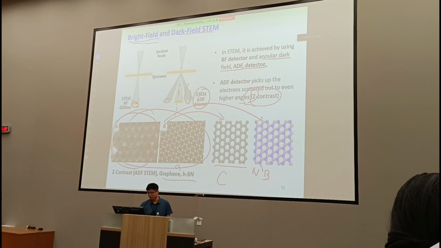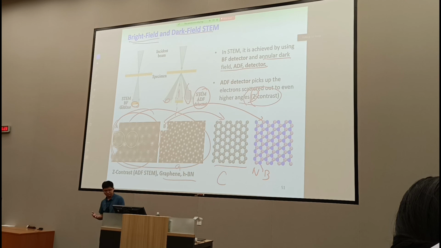It depends on the nuclear charge Z, right? The bright contrast means the Z is larger for this ADF mode. So A should be boron nitride, right? Because you have this site difference. One is bright, another is dark. One site corresponds to nitrogen, another site corresponds to boron.